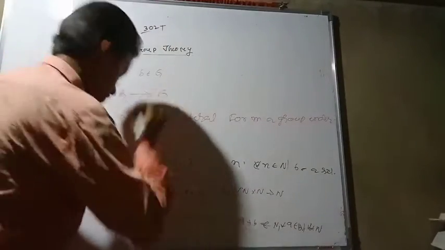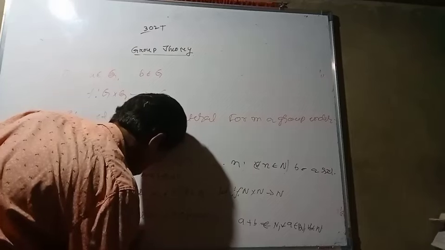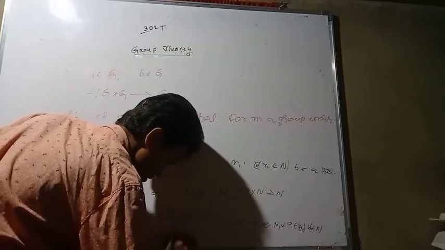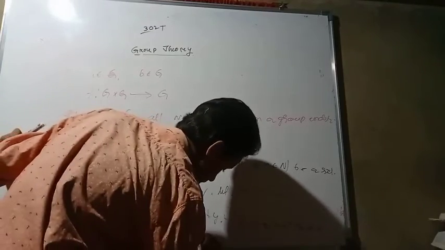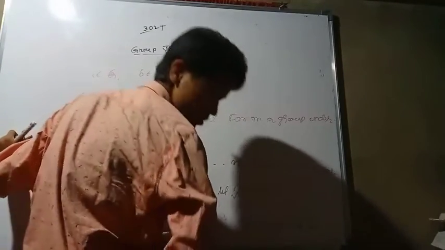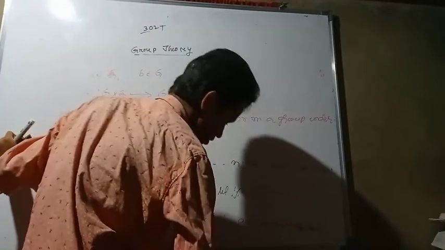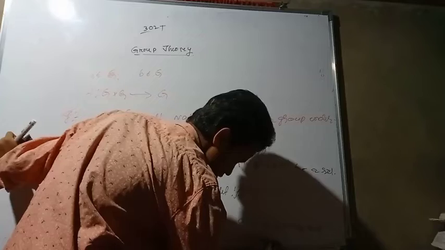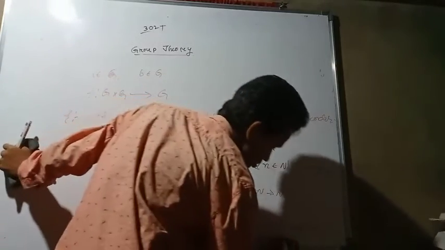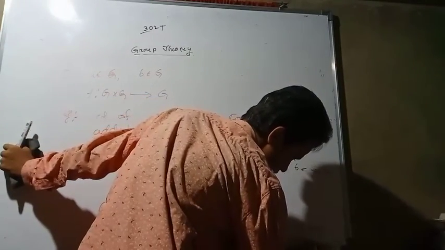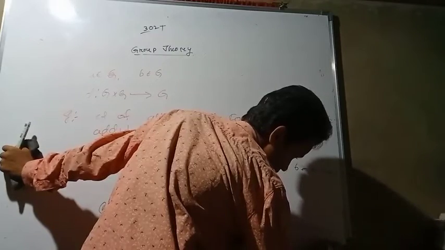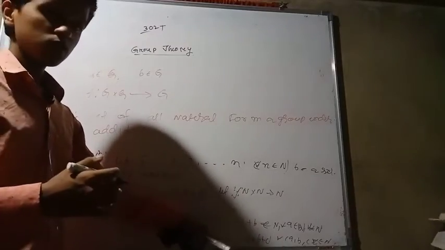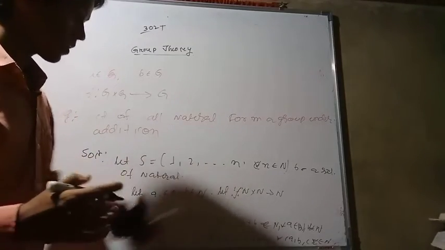Next we go to associativity: A plus B plus C equals A plus B plus C, for all A, B, C belonging to N. We know the natural numbers under addition satisfy associativity.